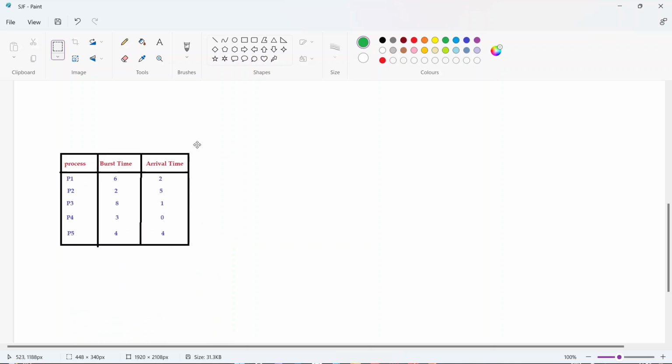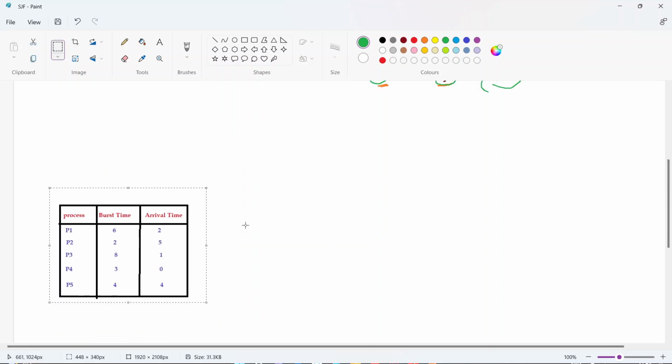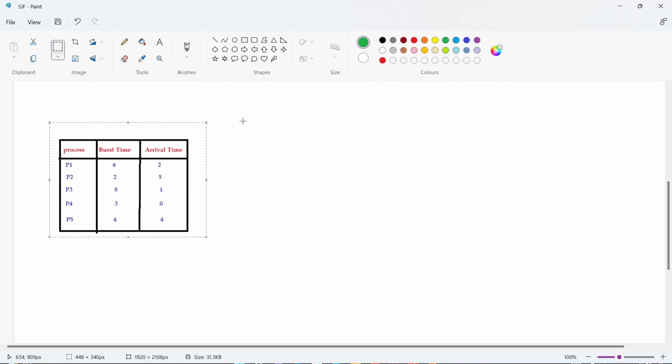And these 5 processes, I am going to solve this one. Where 5 process P1, P2, P3, P4, P5 are considered, and each process is having its own burst time, that means amount of CPU time required. Observe here the difference, the arrival time is different. In that case, how the problem will be solved, let us understand.